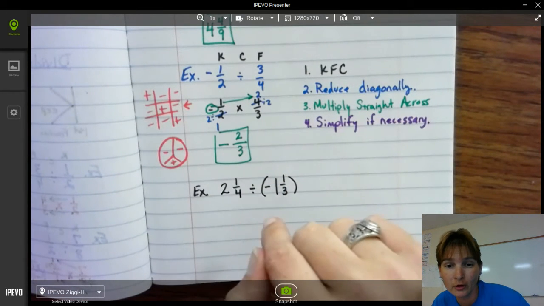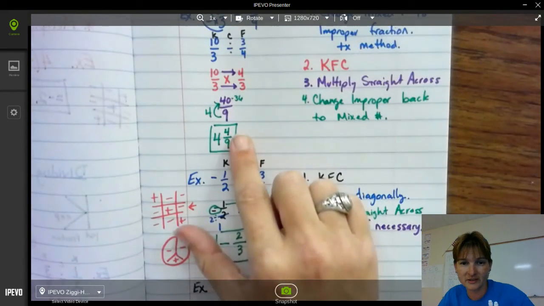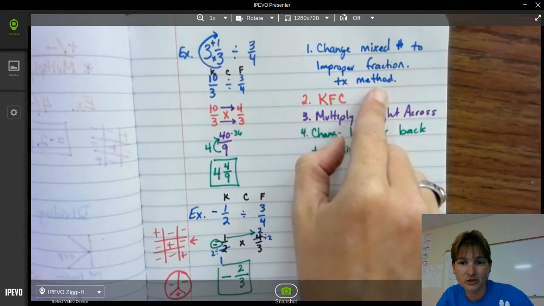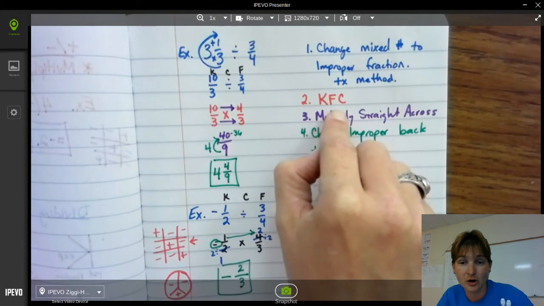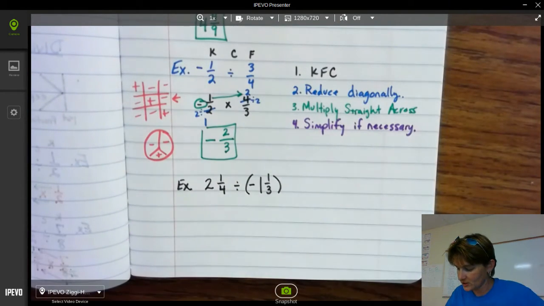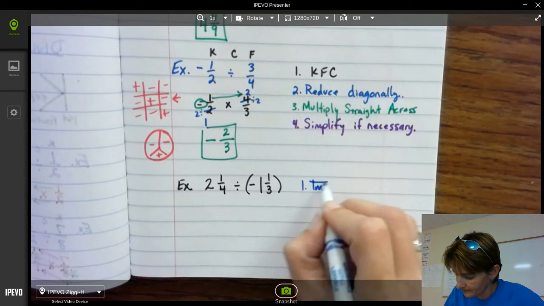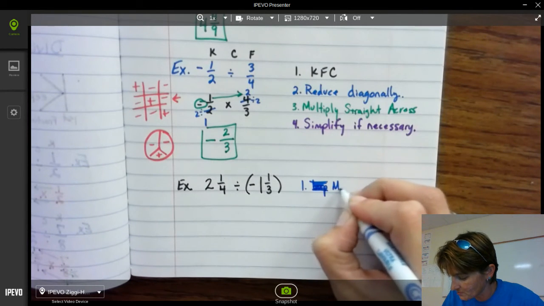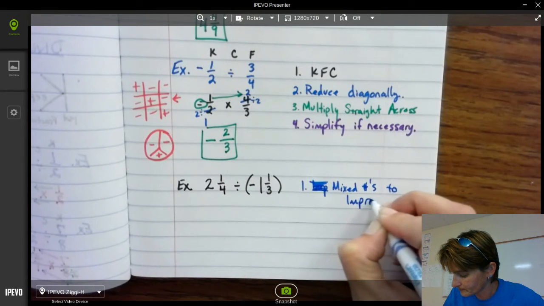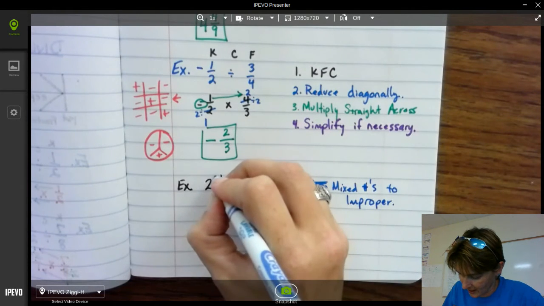We have 2 mixed numbers. No big deal. We just talked about 2 examples ago how to change our mixed number into an improper fraction so that we can use our methods to solve. All right, so back. We want to change, first step, I'm thinking ahead of myself. We want to change mixed numbers to improper. That's your first step.